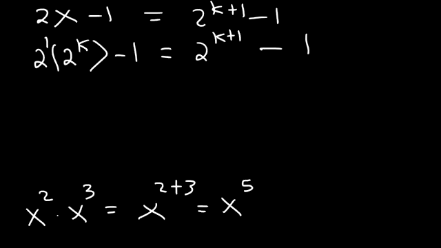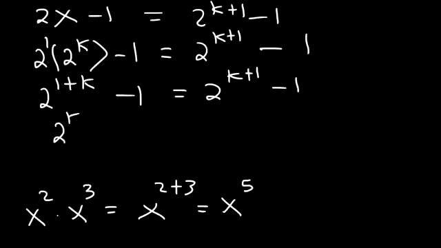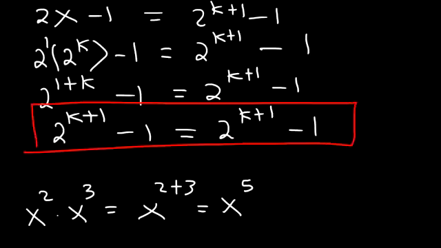So 2 to the 1 power times 2 to the k is 2 raised to the 1 plus k. Now 1 plus k and k plus 1 are the same. If you add 3 and 5, or 5 and 3, both ways you still get 8. And so that's how we can show that the left side is equivalent to the right side of the equation.